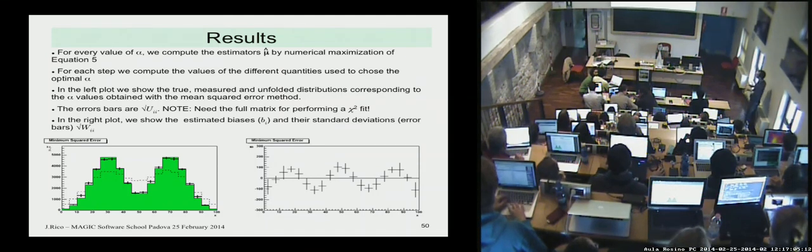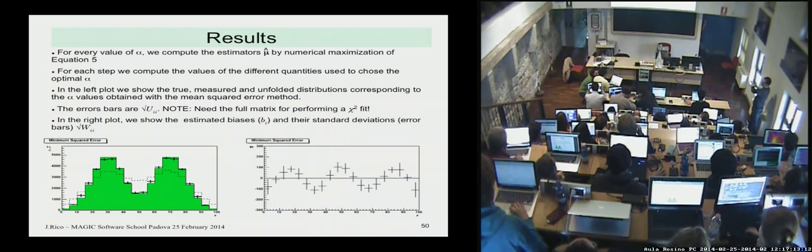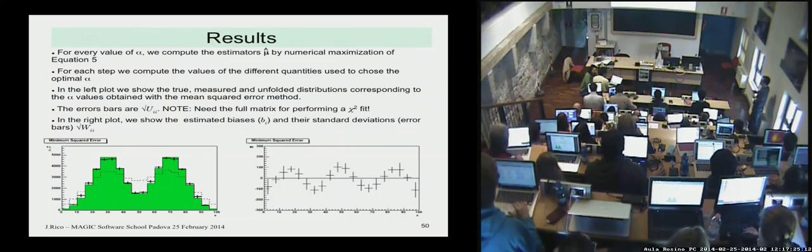But as usual, the error bars here are not uncorrelated anymore. So the variance, which is the diagonal of the covariance matrix, is not enough in order to perform a fit, for example. You need the full matrix, and the full matrix can be computed very straightforwardly using the migration matrix and the initial covariance matrix.